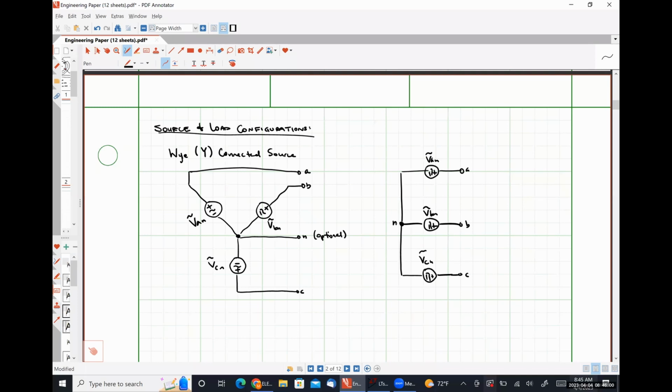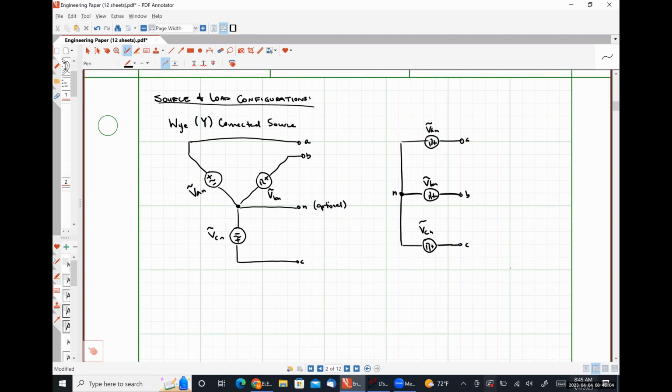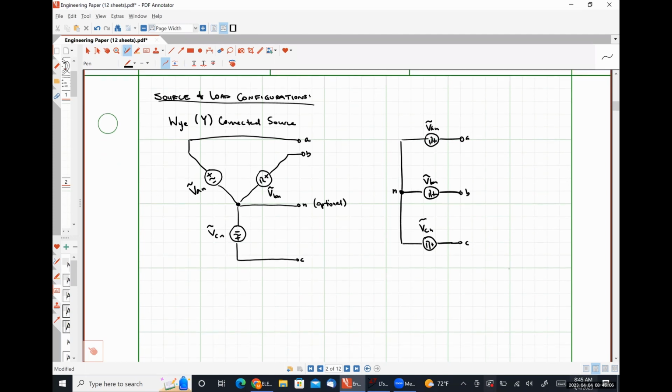So now we're going to get into jargon here, right? So I'm going to define a phase voltage. Help if I could spell.